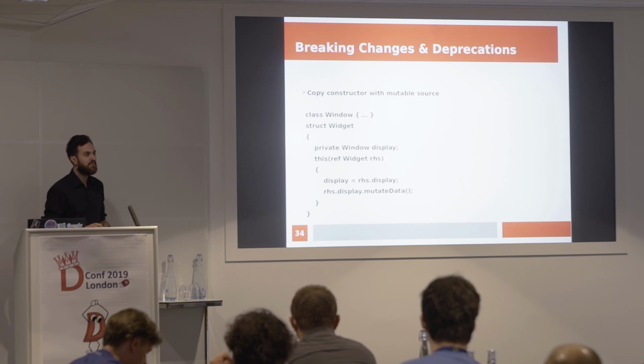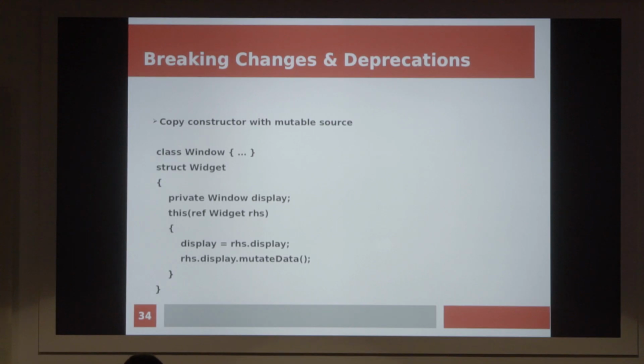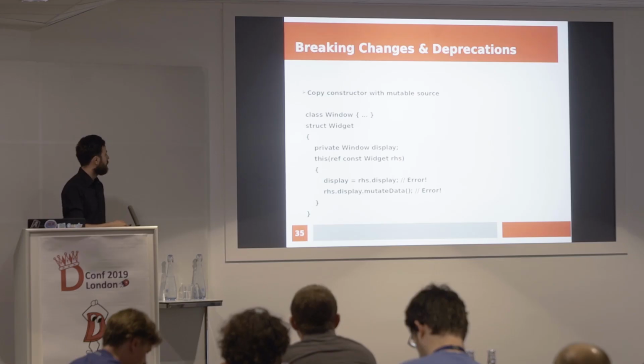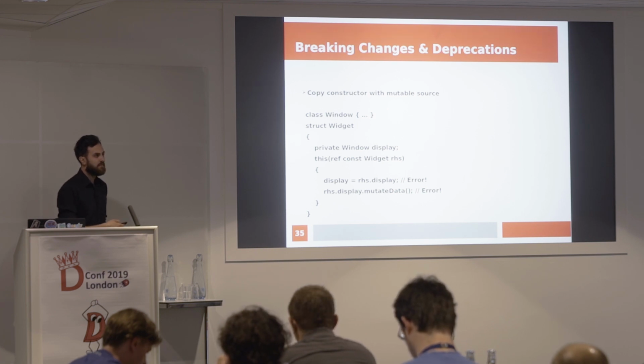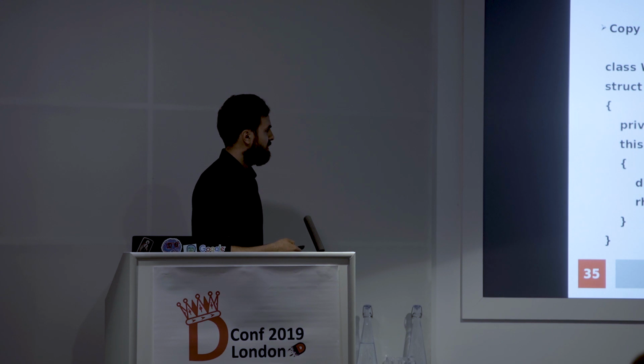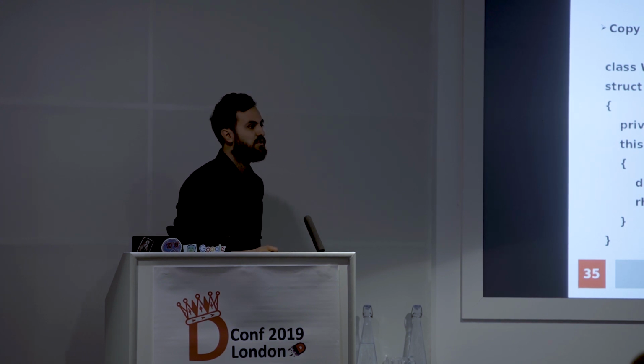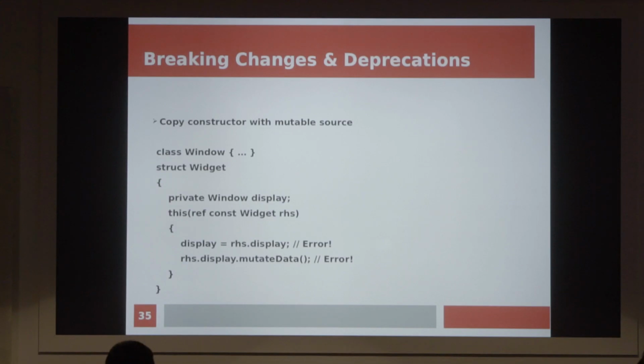It's just that it is heavily discouraged. The other argument for this is that qualifiers in D are transitive. So if we would require that we have const here, then we couldn't do this assignment over here, so we would need to cast it and make the copy constructor unsafe. So we consider that it's fine. If you don't want to have a mutable source, then just make it const and deal with the consequences.